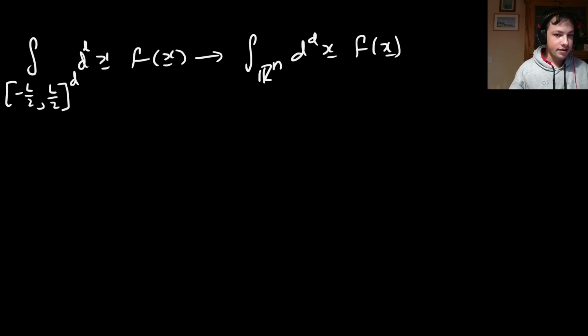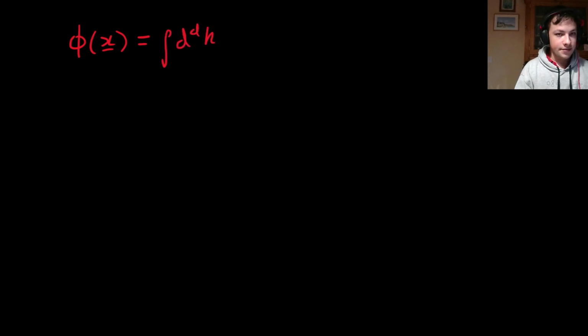Okay, now if we go back and look at all of the various sums that we've computed, then various things are important here. So first of all, phi of x is now, instead of a sum, an integral: d dk over 2 pi to the d, phi bar k, e to the i k dot x.